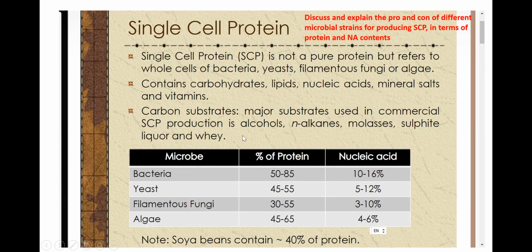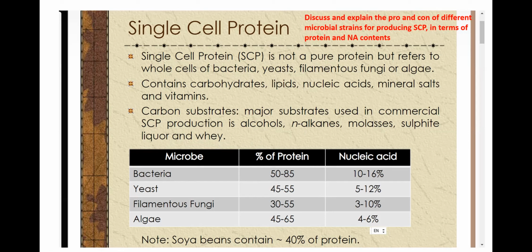In the old days, at a very large scale, as I mentioned, alcohol or any n-alkane, molasses, sulfite liquor, and whey were often used to grow SCP. Whey is a byproduct of the cheese industry. You can see the summary of protein content, where bacteria recorded the highest protein content.